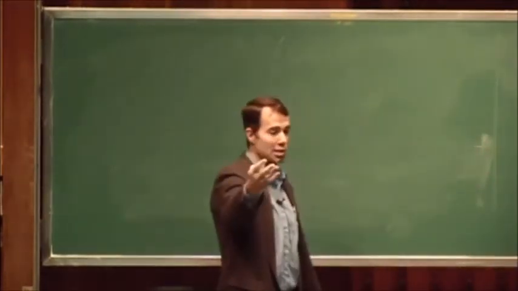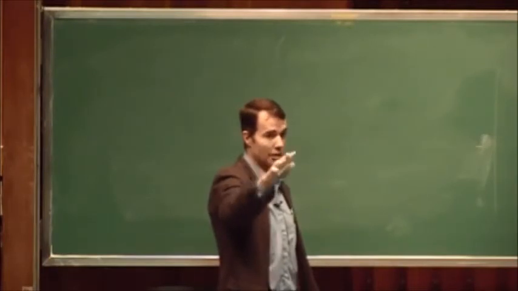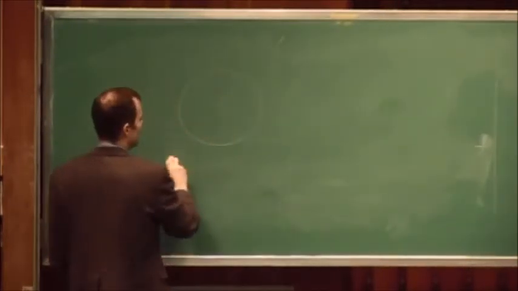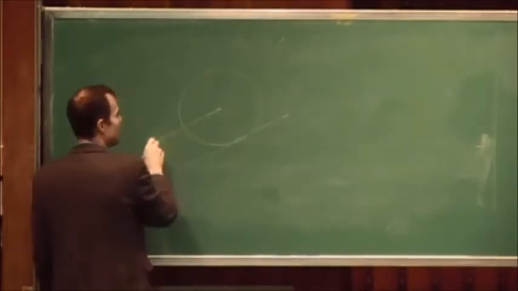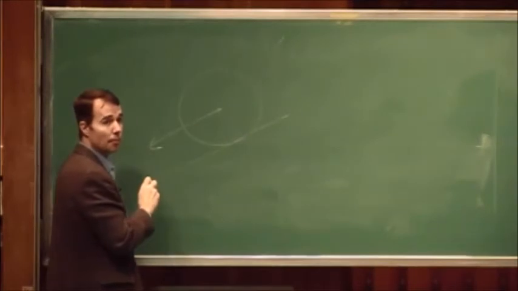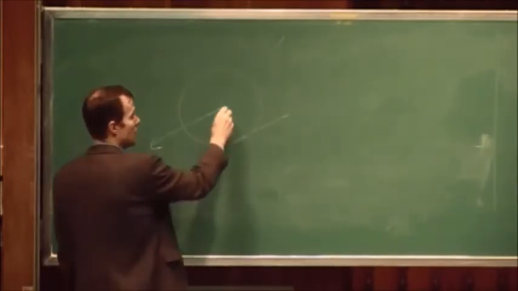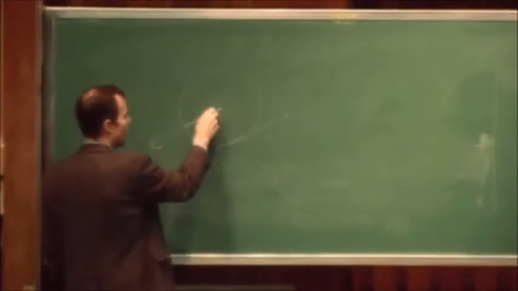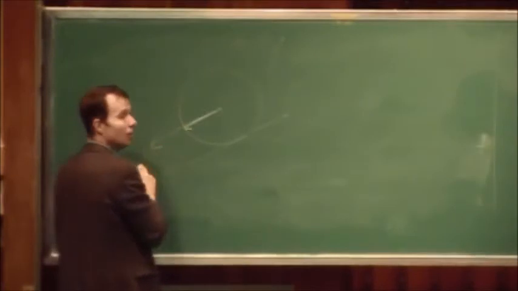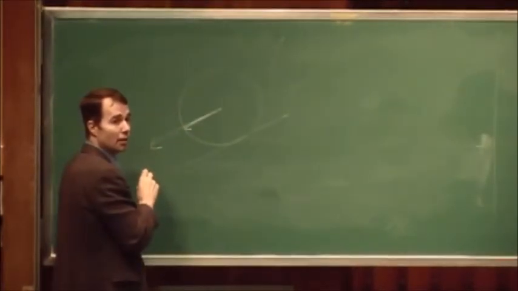So the question is, why isn't mg sine theta exerting a torque on this wheel? If I look at this wheel, mg sine theta is pointing this way. Which direction is the radius vector pointing? If I think about what's coming out in the direction of the radius, in the direction of mg sine theta, this is what I get.